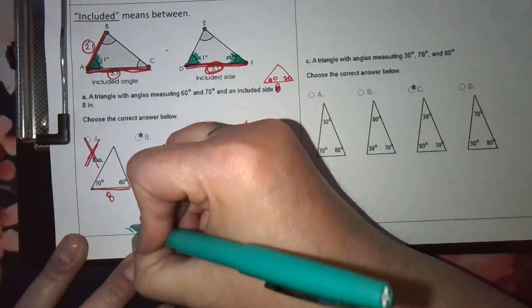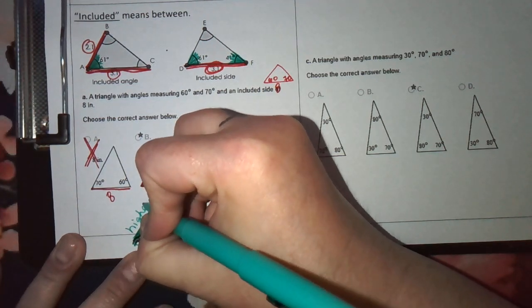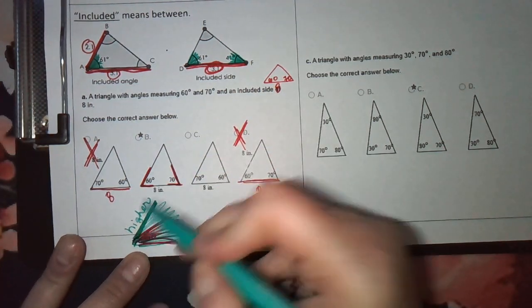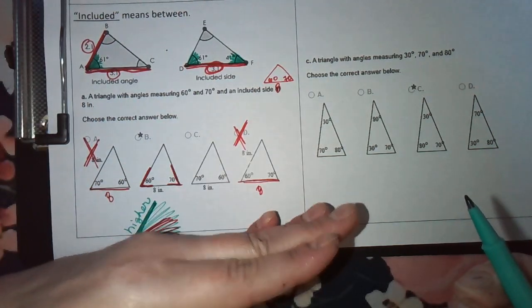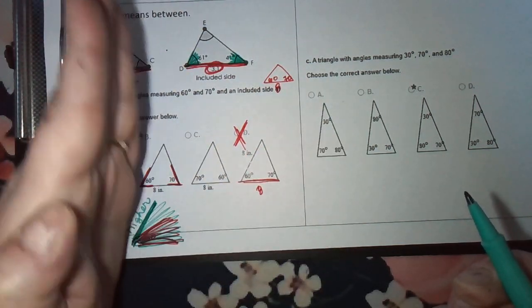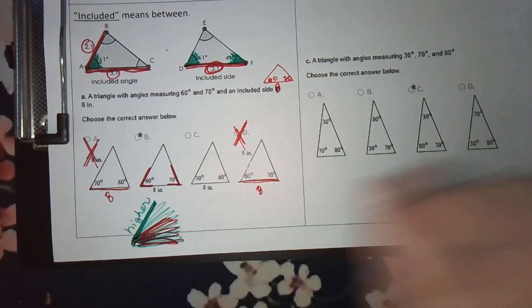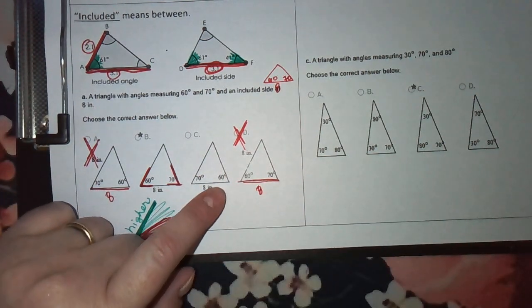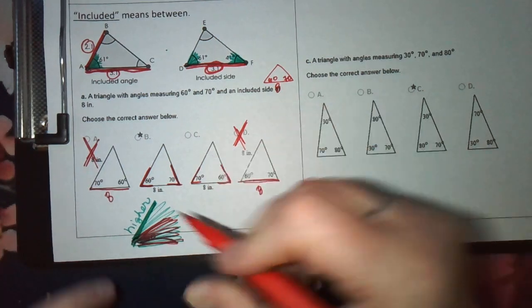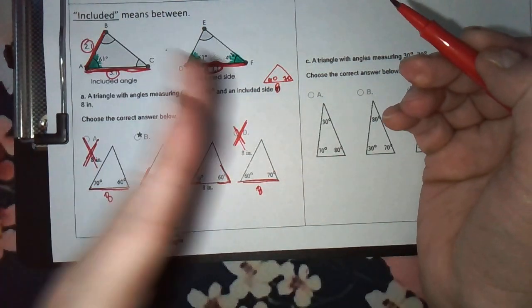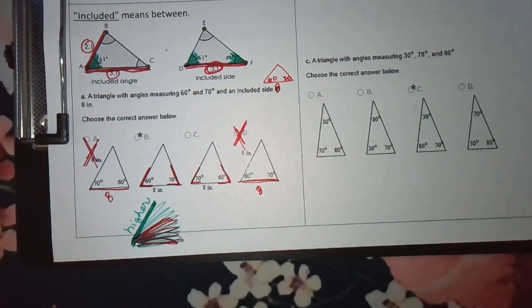So whatever the bigger angle is should be less steep. It should not be steep. It should be less steep, almost up and down. So when we're looking at these two pictures of B and C, the bigger angle should be tilted higher. Okay, well, let's see here. You can't really tell.